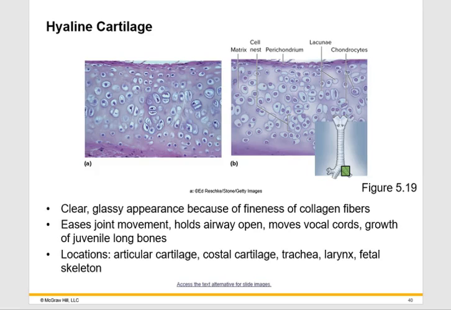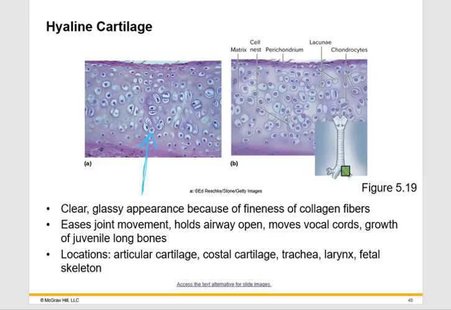When you see cartilage, it should pop into your head that this looks like a tissue type that has eyeballs. The eyeballs you see are actually the lacunae housing the chondrocytes. Hyaline cartilage, this first type, has fibers, but you just can't see them.